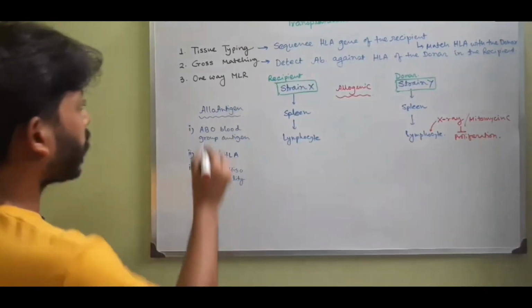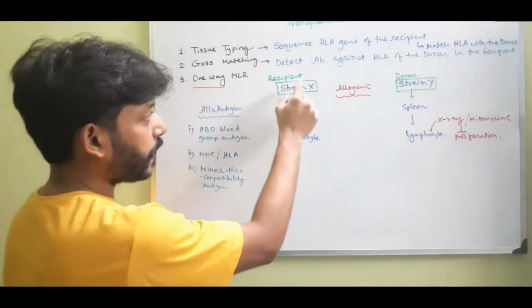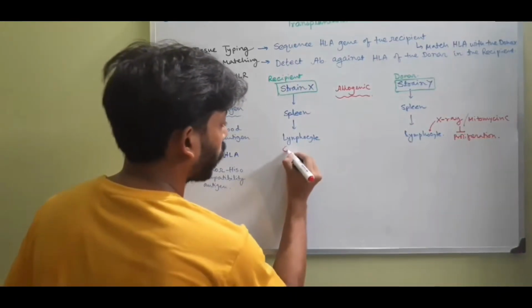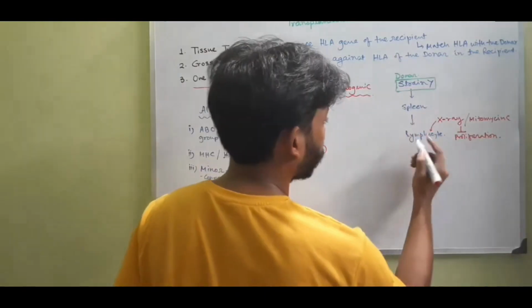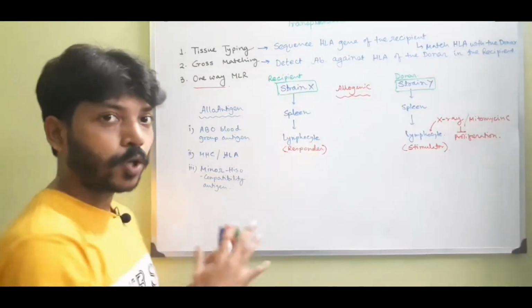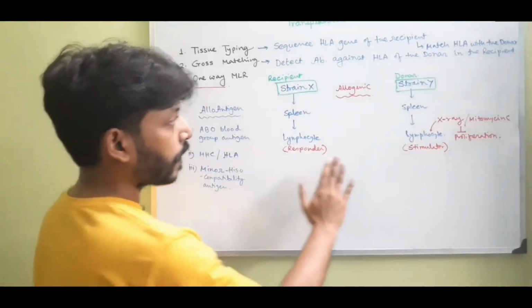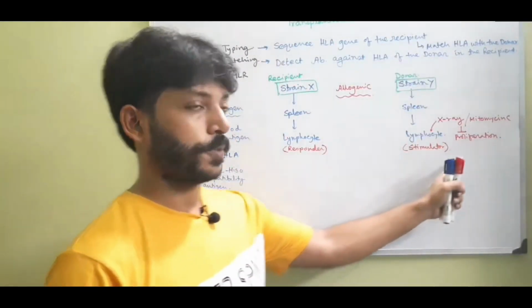Now you can understand why this is called one way. In this case the recipient lymphocyte is called the responder, that actually responds, and the donor lymphocyte is called the stimulator, because the recipient lymphocytes are not treated with any chemical or X-ray irradiation, that is the responder. But in the case of the donor, the lymphocytes are treated in such a way that they do not proliferate.